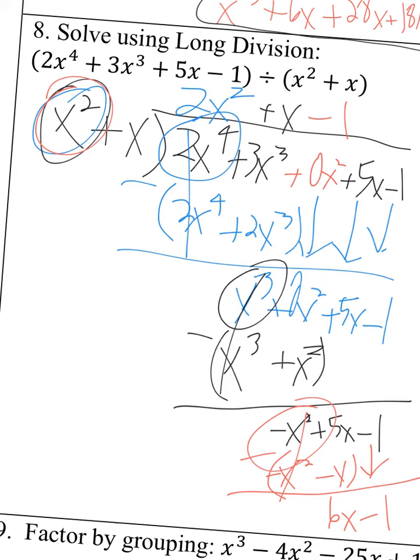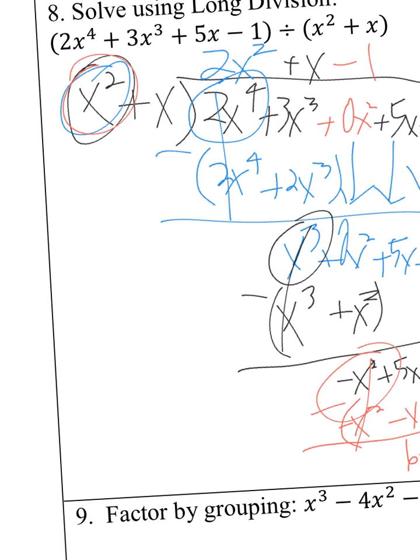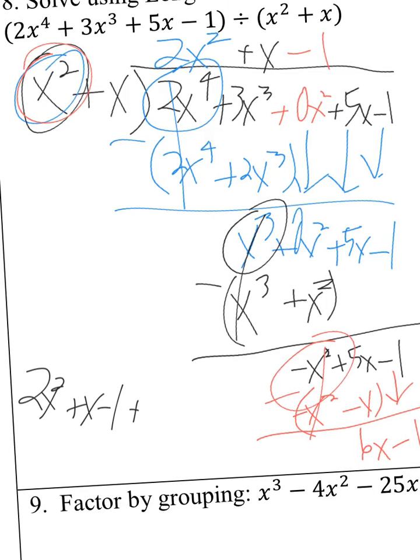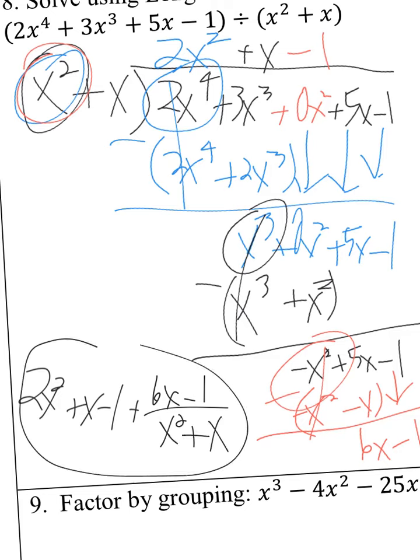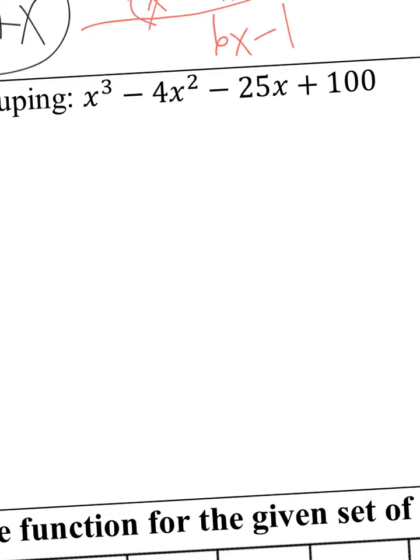You know it's your remainder when you look at the top, it went x squared, x, negative 1, so it counted down. So my answer is 2x squared plus x minus 1 plus 6x minus 1 over x squared plus x, and that's it.